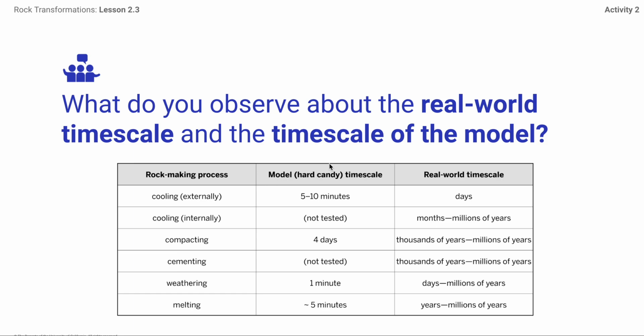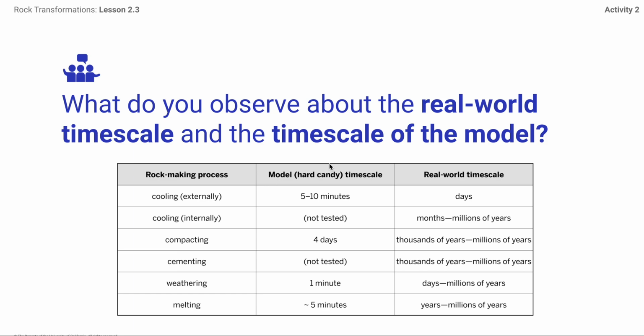In the rock making process, take a look at this little timeline. The column on the left is the rock making process. So cooling internally, cooling externally, meaning inside the Earth's core or above Earth's surface, compacting, cementing, weathering, and melting. The model candy, it didn't take very long, right?